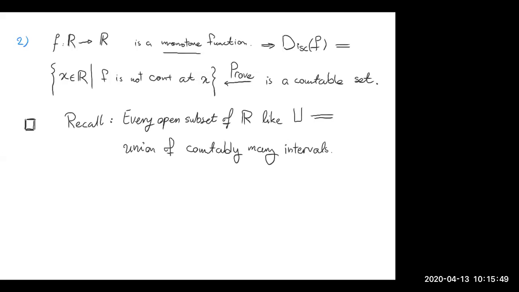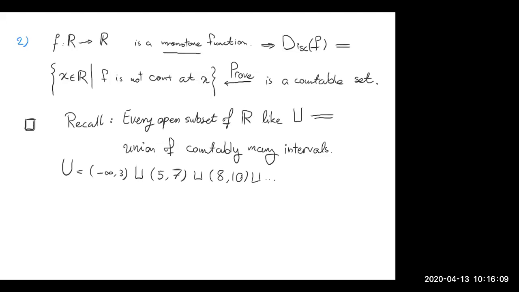Okay, so open subsets of R are like this. For example, negative infinity to 3, union 5 to 7, union, I don't know, 8 to 10, maybe union infinitely many things, but they're countable.